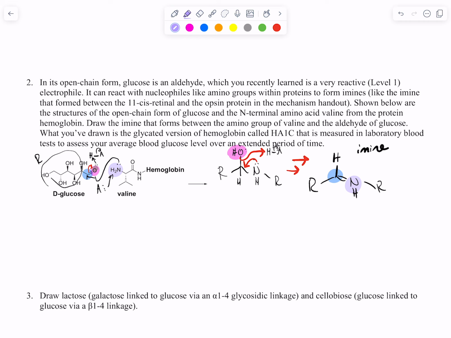It's possible to be really, really well regulated today because you know you're going in to get labs today, so you're really well behaved, but every other day you were not taking care of things. And so HbA1c allows your physician and people looking at your results to be able to say, your glucose level, even though it's great today, has not been very well regulated over the past 60 to 120 days. So that's what they're looking for, imines.